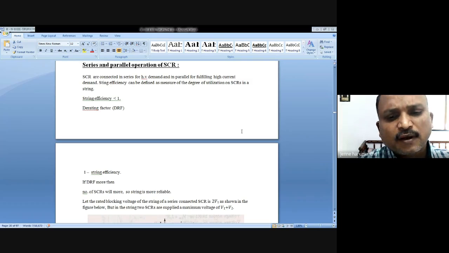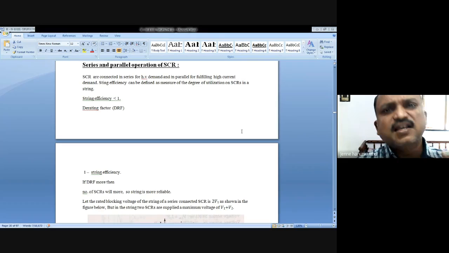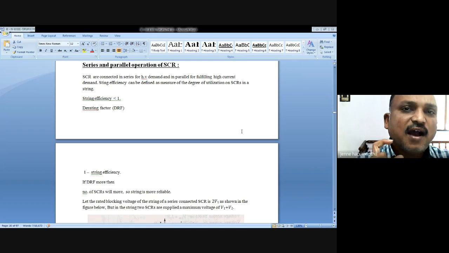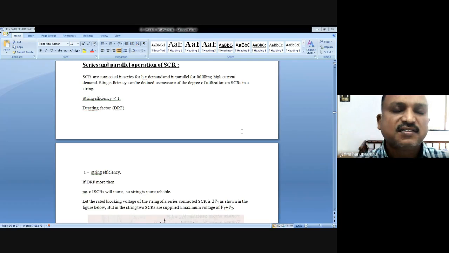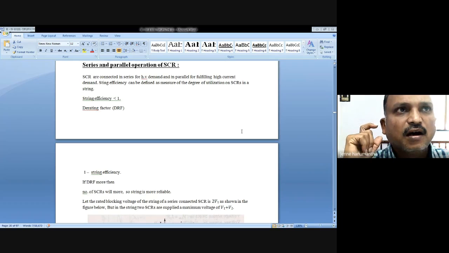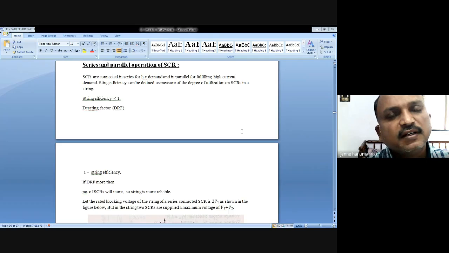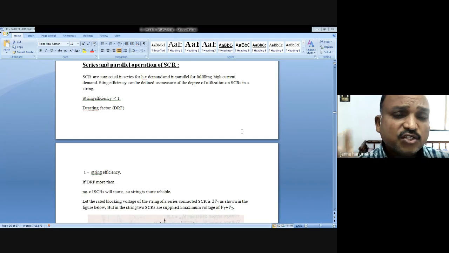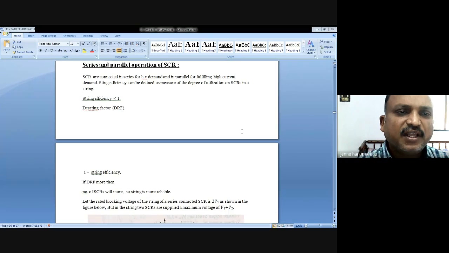Remember, in the last class we discussed that the SCR is a high rating thyristor, a high rating power device. So it dissipates more power, handles more voltage and more current. That means the device is ready to operate under higher voltages and higher currents. This is the specialty of the SCR. But sometimes there is a need.